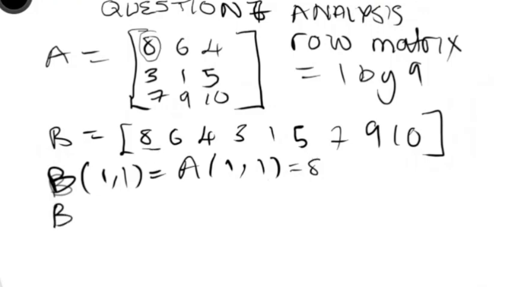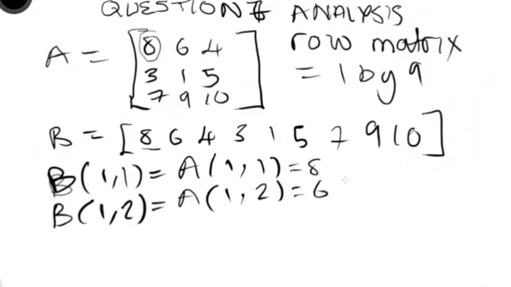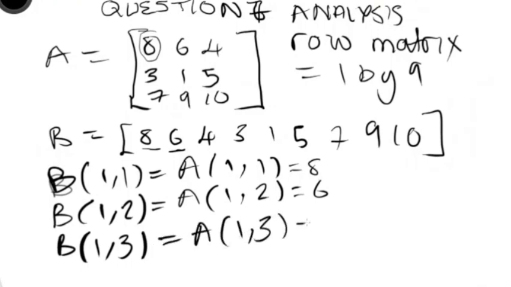B1,2 is equal to A1,2, which is 6, so we put the 6 here. Then B1,3 is equal to A1,3, which is 4.